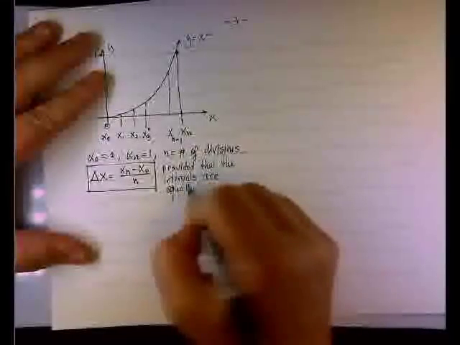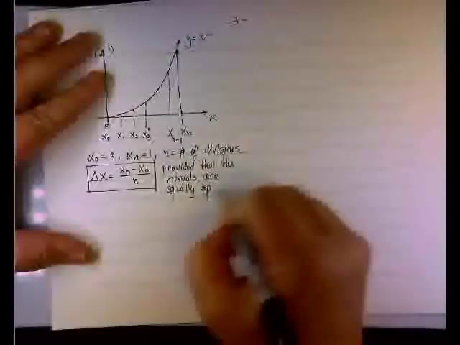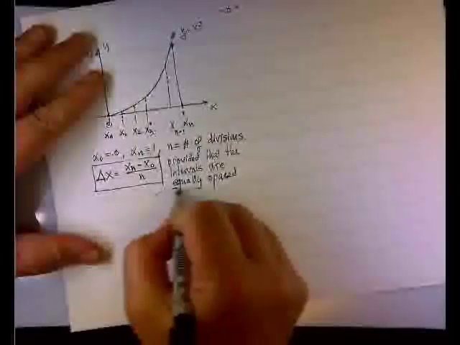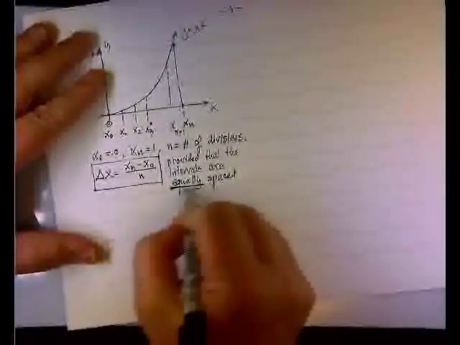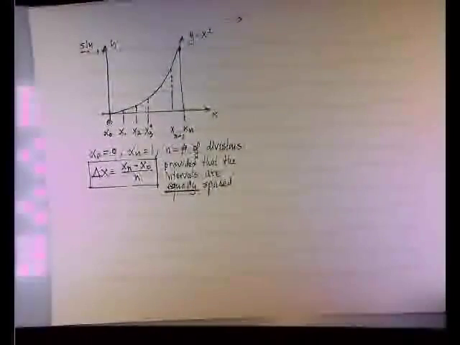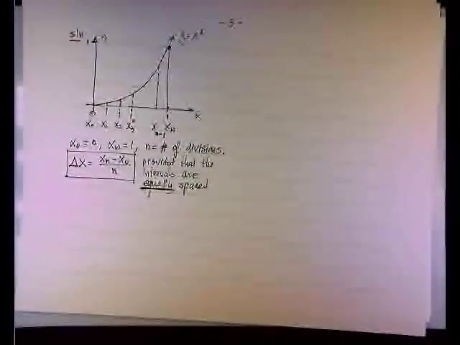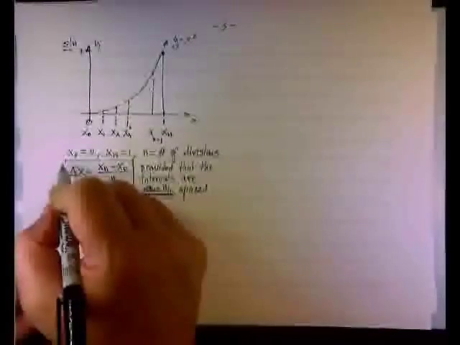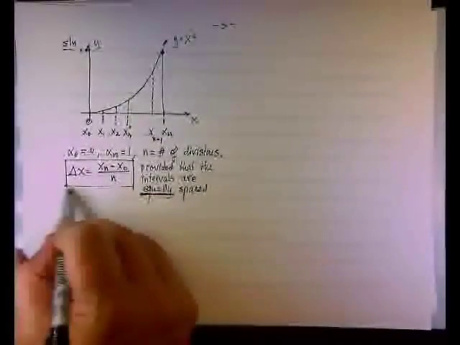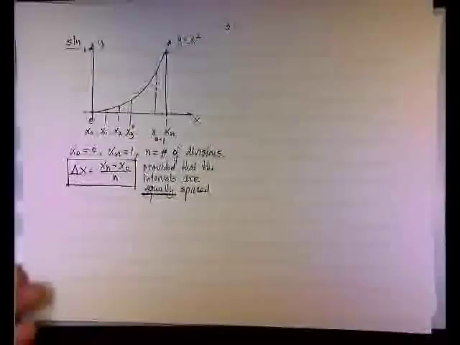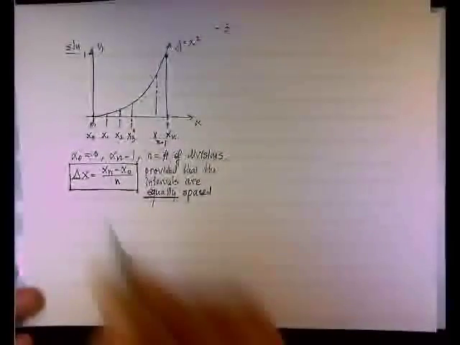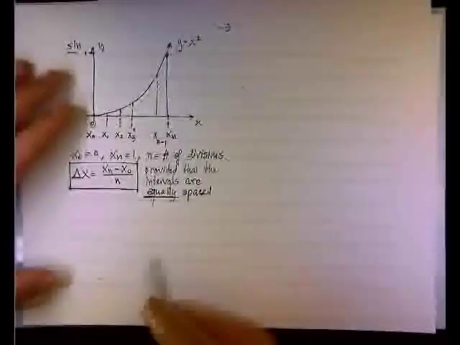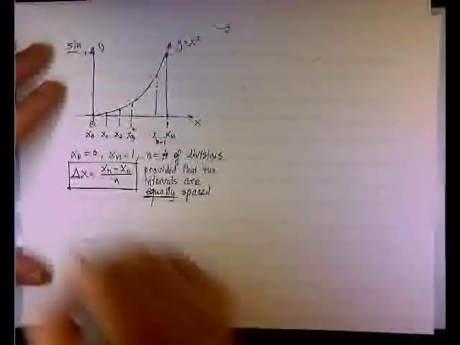Very seldom we'll deal with intervals that are not equally spaced, but they exist, and at times we need to use unequally spaced intervals, such as when you deal with logarithmic functions and so forth. But this is the condition. So if the intervals are equally spaced, then delta x is constant throughout, and this is the value of delta x.